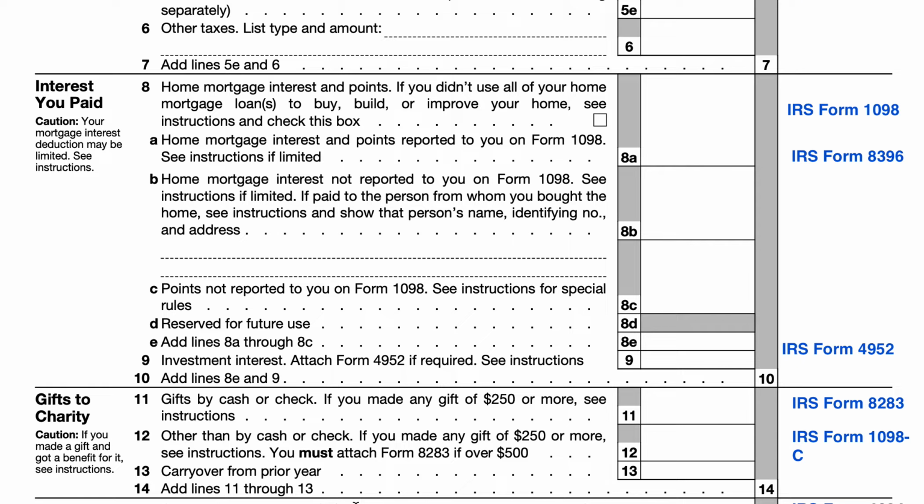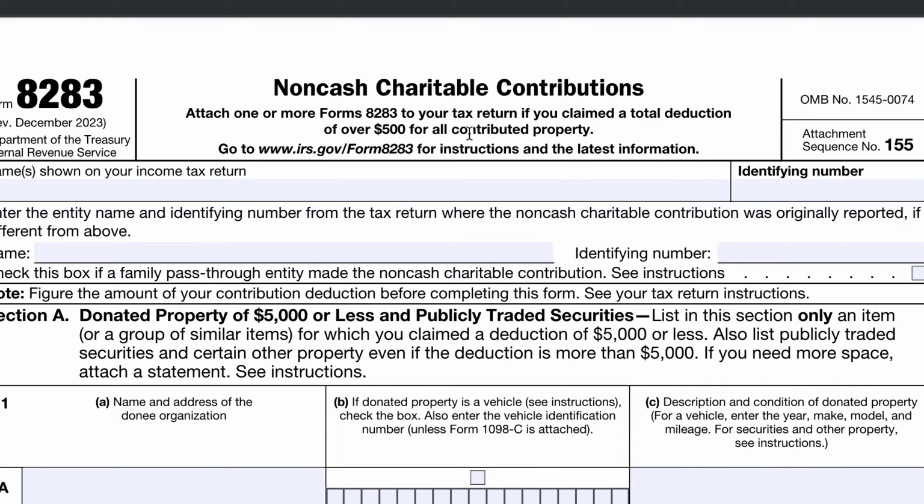If you make charitable contributions, there are a couple of forms you should at least be familiar with. The first is IRS Form 8283. This is non-cash charitable contributions. For any non-cash charitable contribution, so basically anything that is not a check, money order, or some sort of transfer of actual currency, if you're donating clothing, furniture, things like that, if that deduction is more than $500, then you'll have to complete IRS Form 8283.